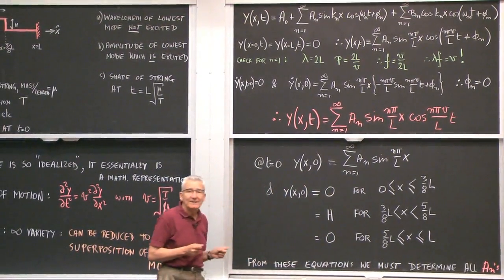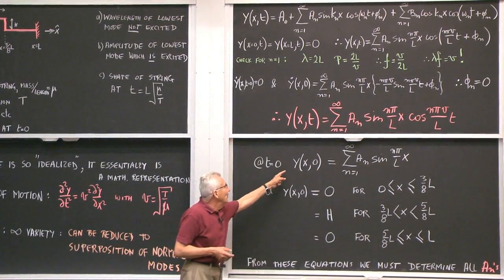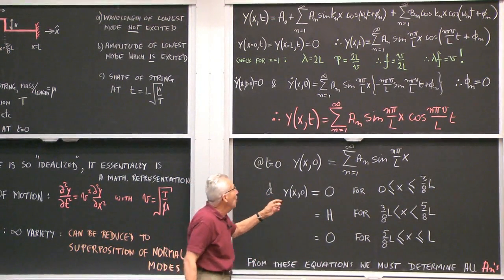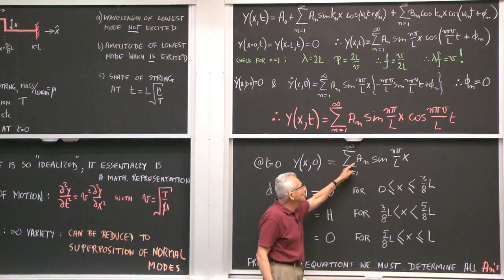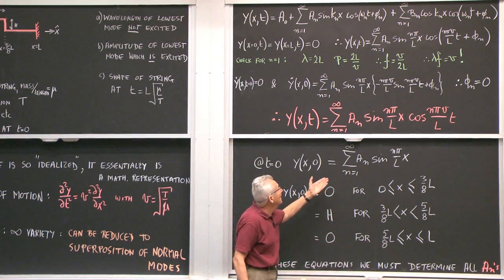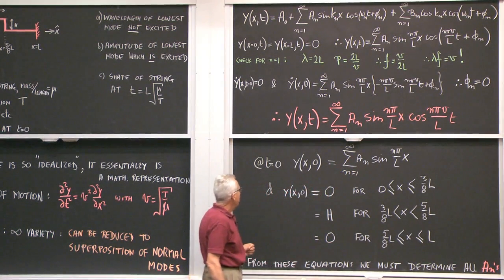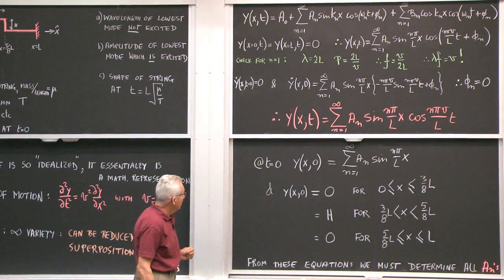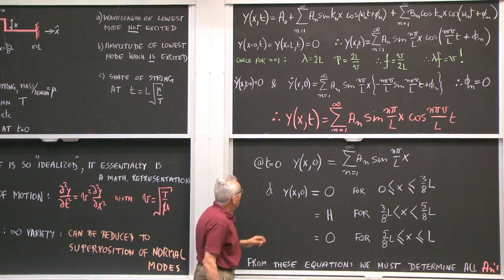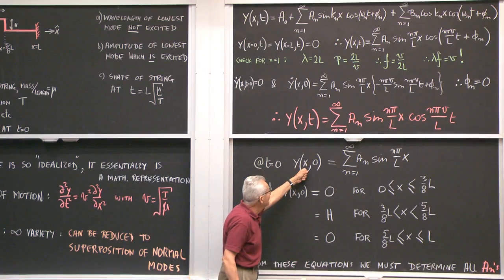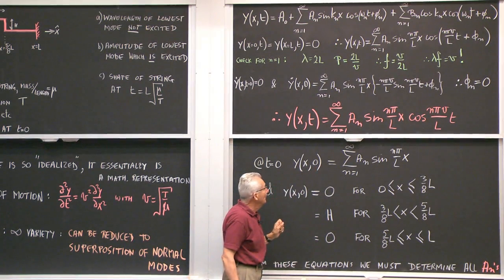This is a description of the shape of the string in terms of an infinite series of sinusoidal functions. We know this. This tells us the shape of the string at every x position at t equals 0.